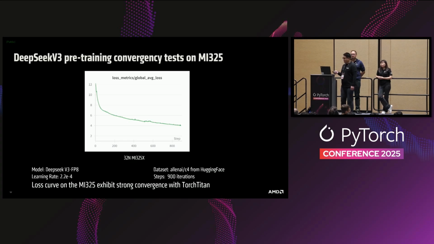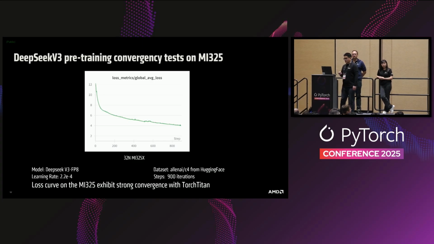We ran it for 900 iterations. If you look at the figure, the x-axis is the number of steps, and the y-axis is the loss curve. Basically, this training curve shows that on this MI325 cluster, we can show a strong convergence curve with TorchTitan.